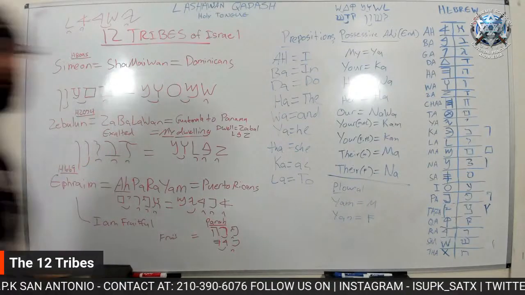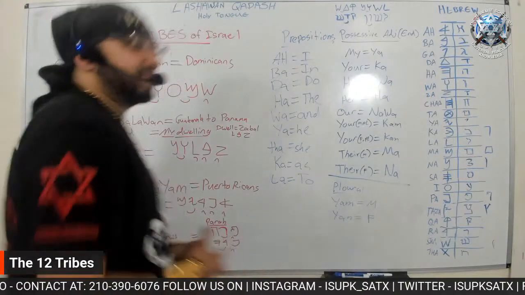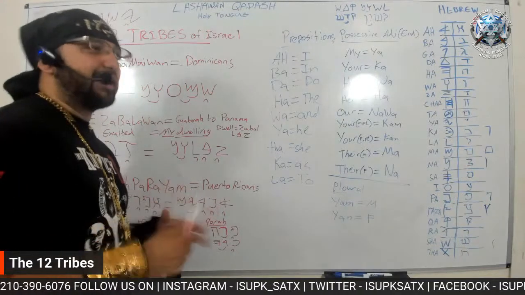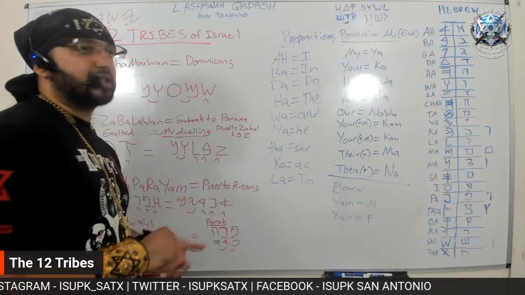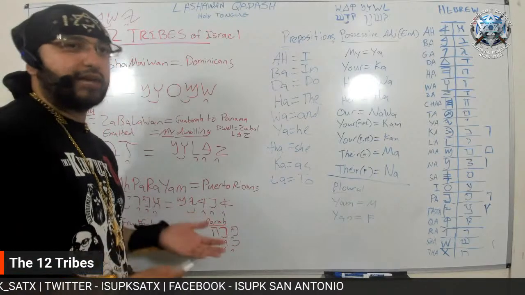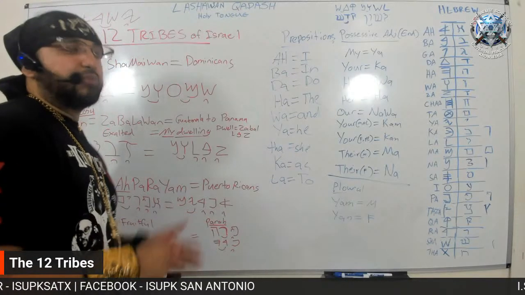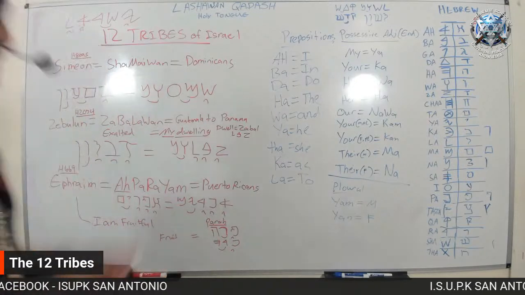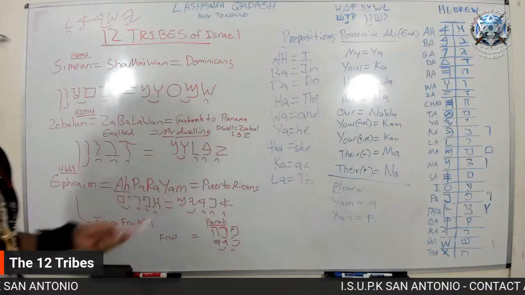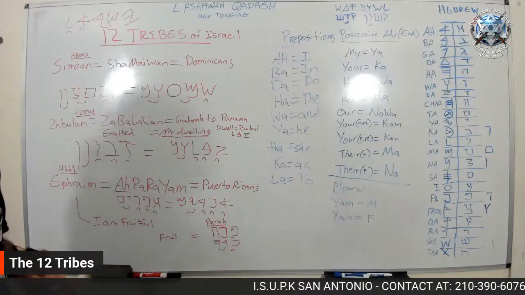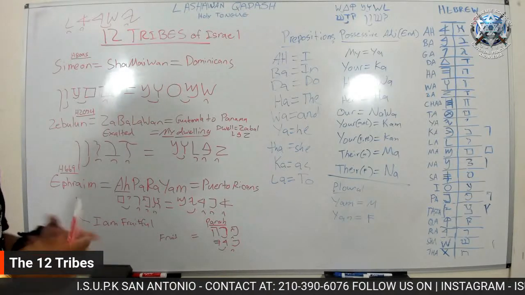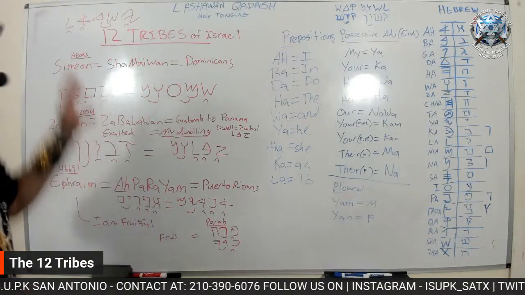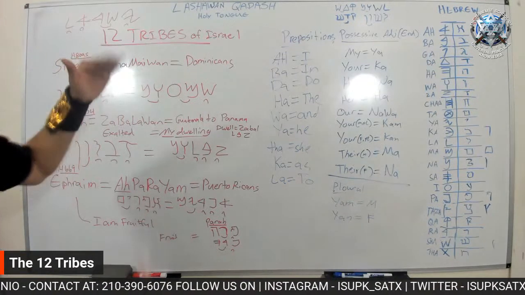In fact, one of the best ways to get as much information in one class is to look up on YouTube Captain Kataz's 12 tribes breakdown lecture. If you watch that breakdown, you'll not only get the prophetic aspect, but also the archaeology, the historical background, all the breakdown that you need to really start to dive into it.